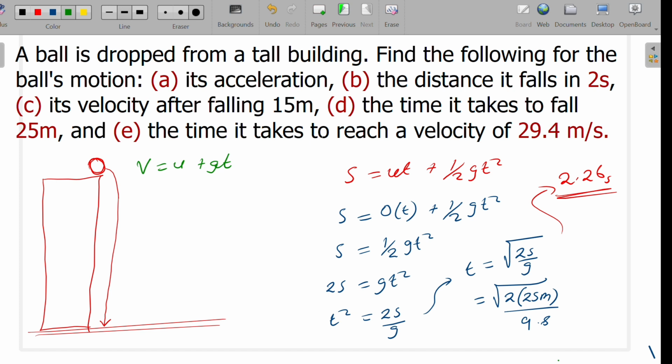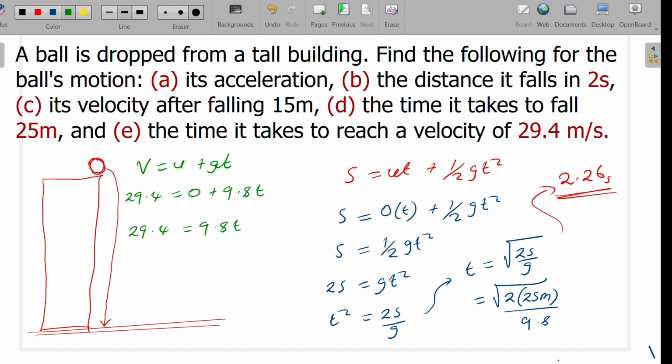And then replacing here, our final velocity is 29.4, and this would be equal to 0 added to 9.8 multiplied by t. This is just giving us 29.4 is equal to 9.8 t.